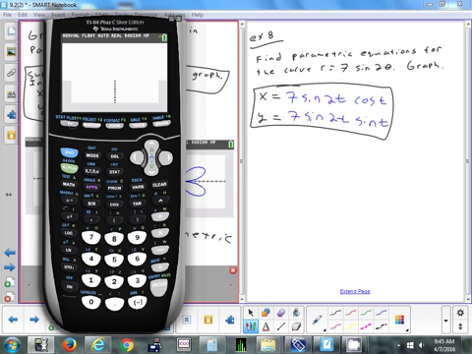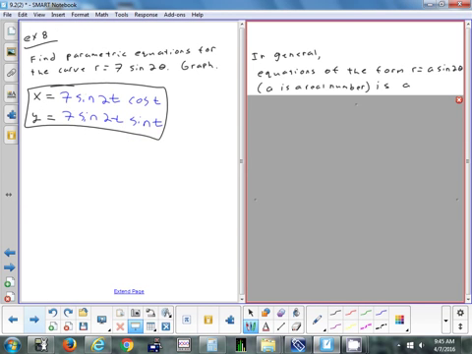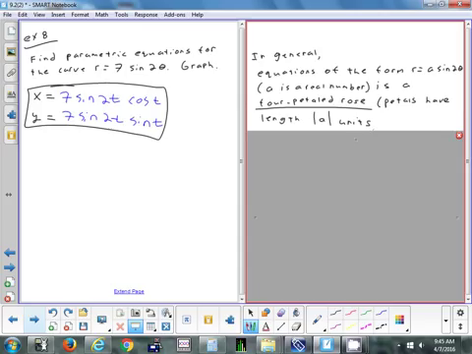Yep. If I graph this, how long would each petal be? 6. Yeah. So the number in front controls the length of the petal. And this particular picture is called a four-petaled rose. And the petals have a length of, just take the absolute value of the number in front.